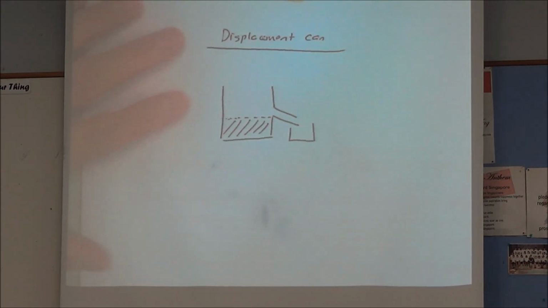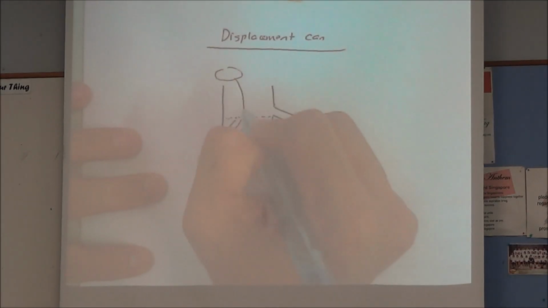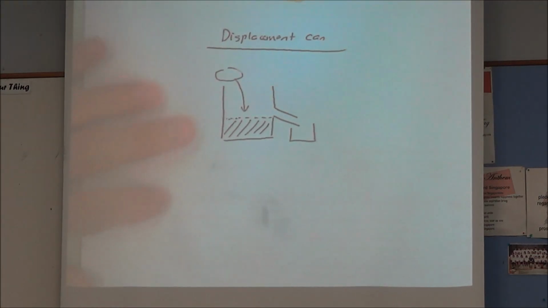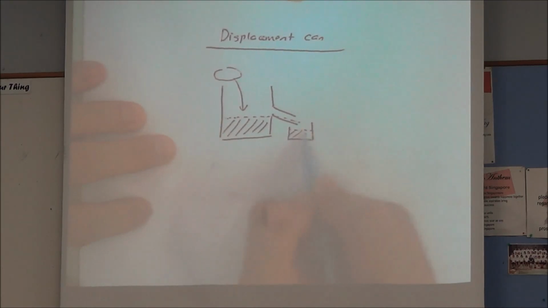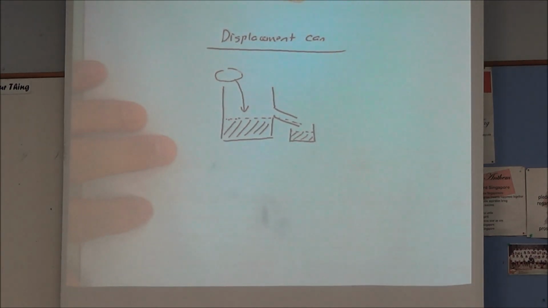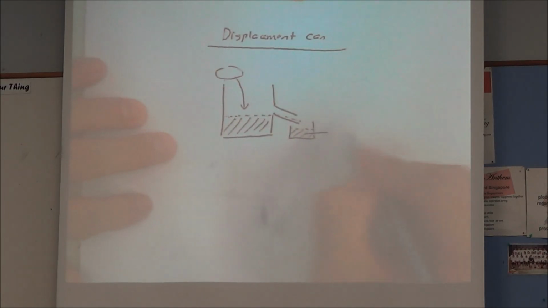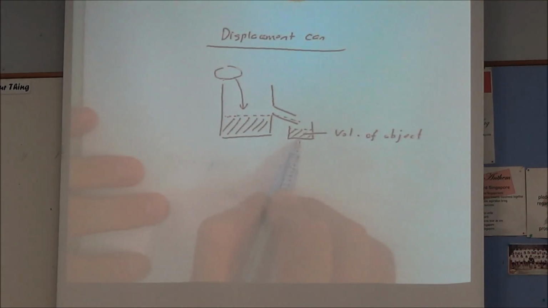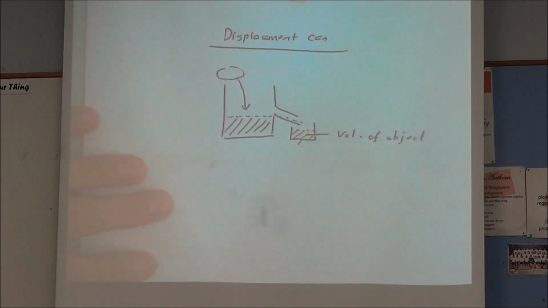When I put the very big object into the water, what happens to the water? It will rise up and flow into this. The volume of this object will be the same as the volume of water here. After that, you use a measuring cylinder to measure this volume, and you will get the volume of the object.